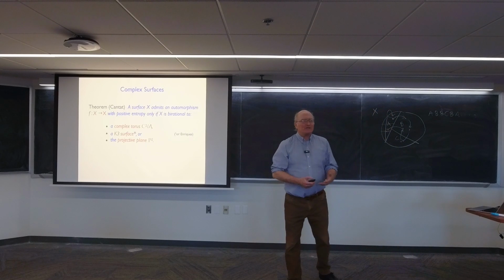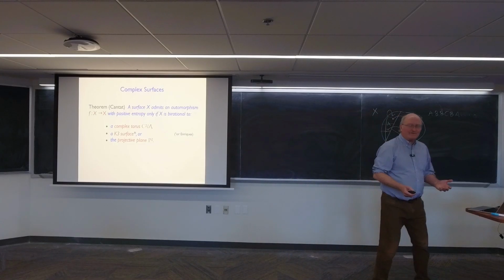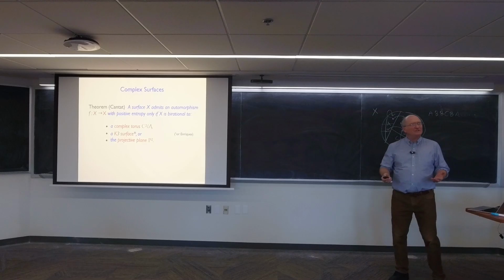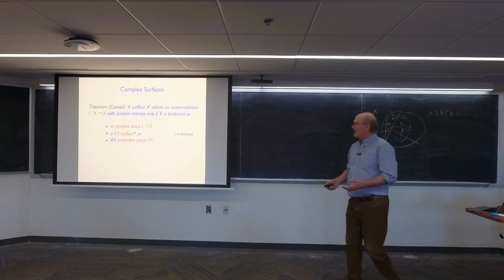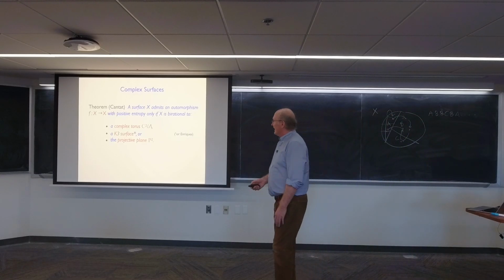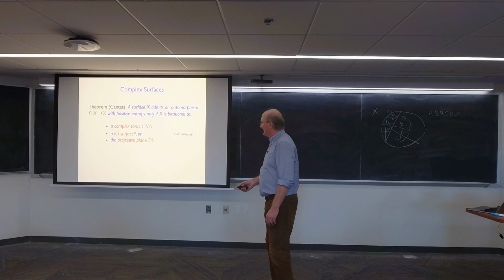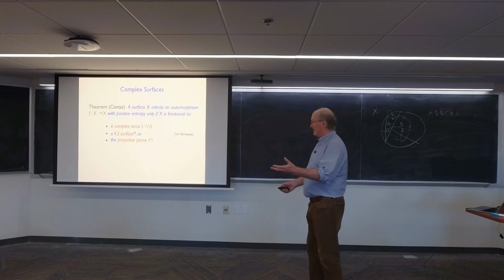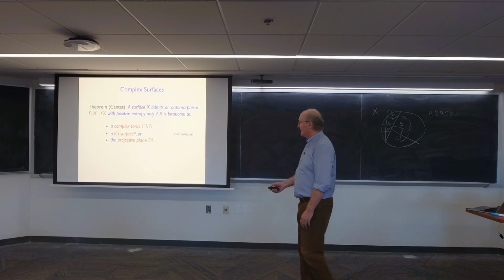Now, in fact, there's a complete classification of the surfaces that admit interesting dynamics. This was carried out by Cantat in his thesis, and there's only 3 examples. And 2 of them are very familiar to us. So one of them is the manifold could be a complex torus. That's a generalization of a one-dimensional torus, C^2 modulo a lattice.